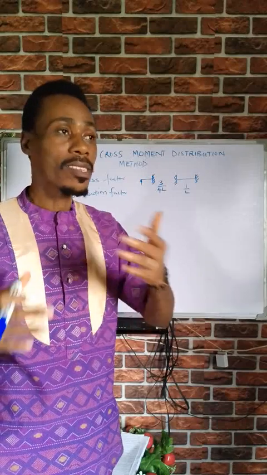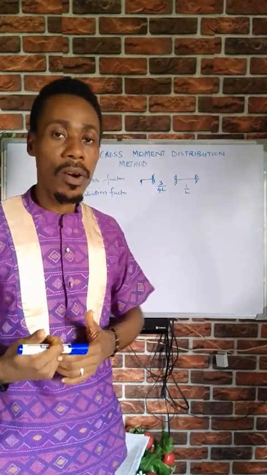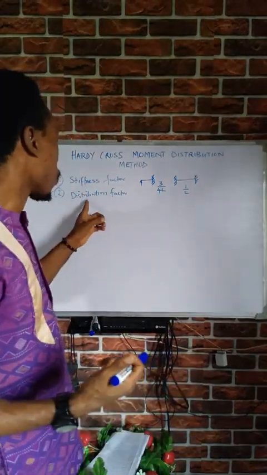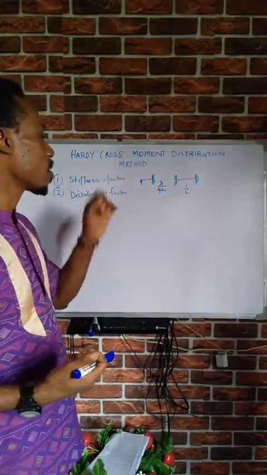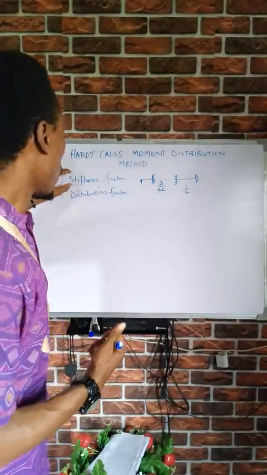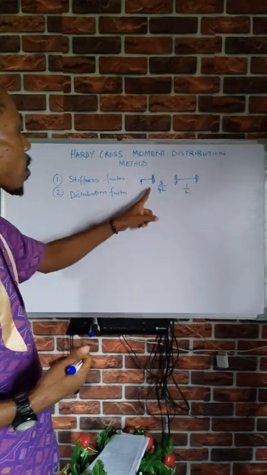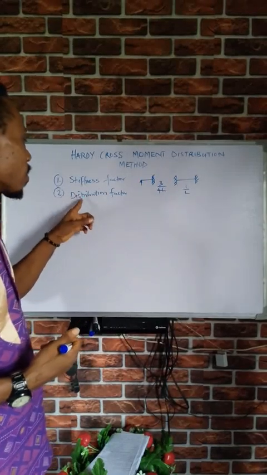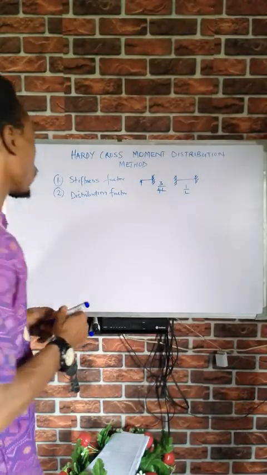That will bring about the stability of that beam structure. For us to determine our distribution factor, it is a function of the stiffness factor. We must discover what the stiffness factors for the joints are, which will enable us to assess the distribution factor. So we take note of that.